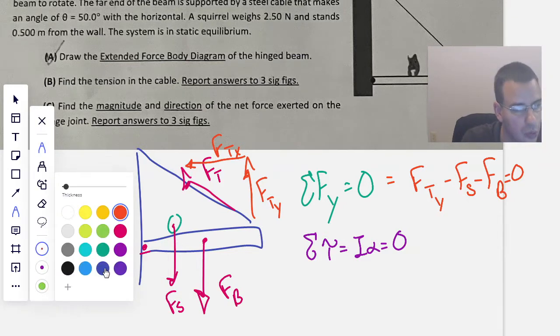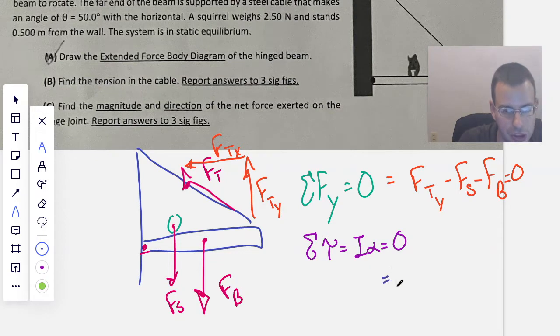Then we're going to do the same thing for torques. A lot of people like torques positive and negative. The only thing I care about is that all the positives are in the same direction and all the negatives are in the same direction. So I don't look at positive and negative so much as counterclockwise and clockwise.